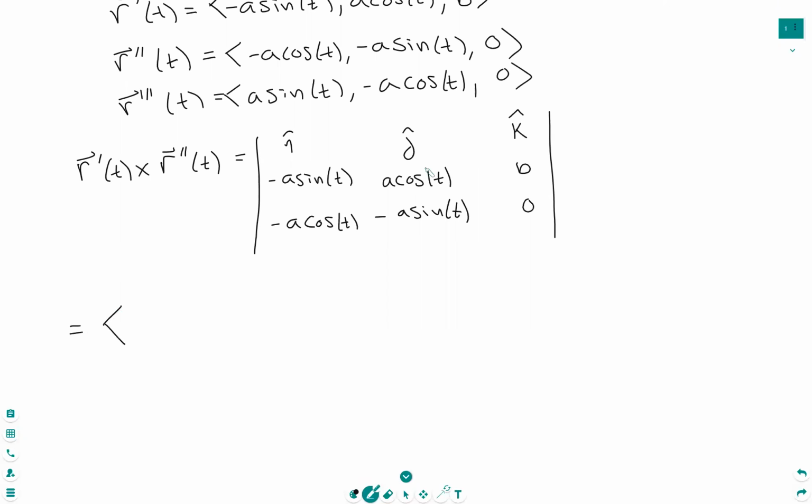So in the x component, we're taking the determinant of this lower right block here. So we have a cosine of t times 0. It's nice enough. And then multiplied by b and negative a sine of t. And remember, we're subtracting this. So we end up with ab sine of t.